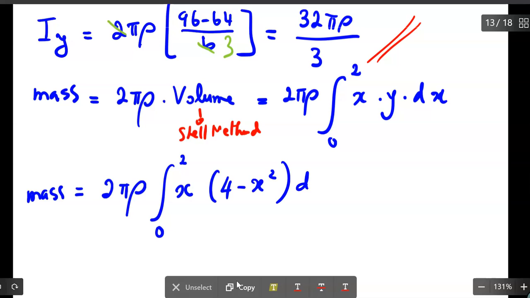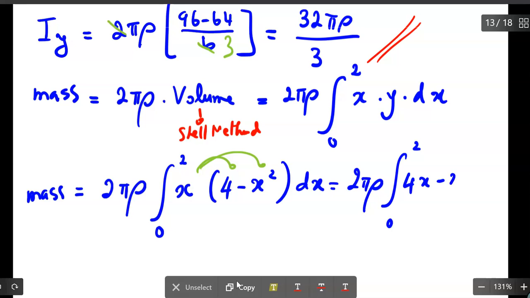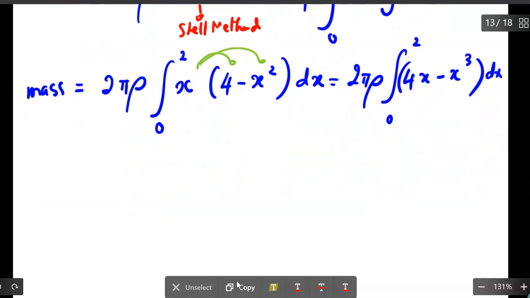Alright, so there's dx. So I should have 2 pi rho integral from 0 to 2. I'm going to multiply this inside the bracket. I should have 4x minus x to the exponent 3, and there's dx. Okay, so now we can go ahead and integrate.